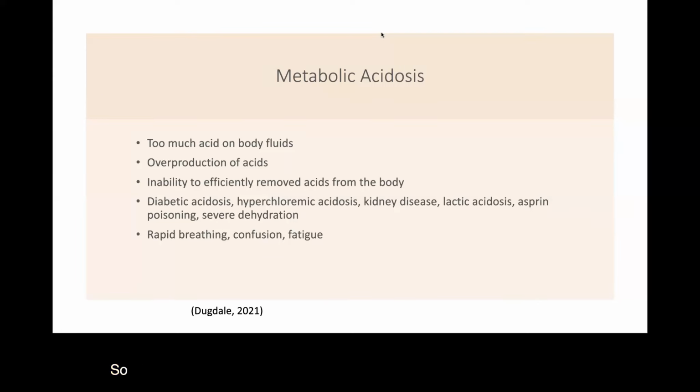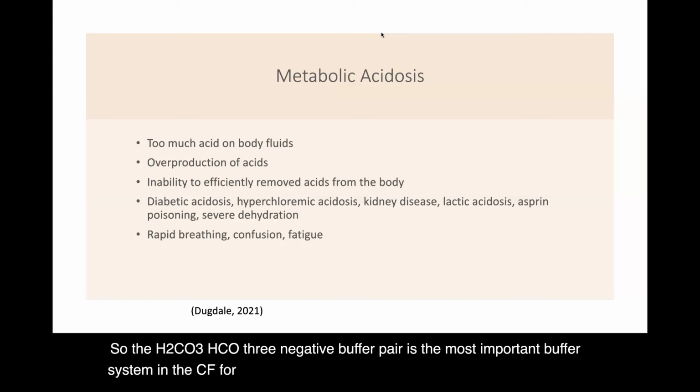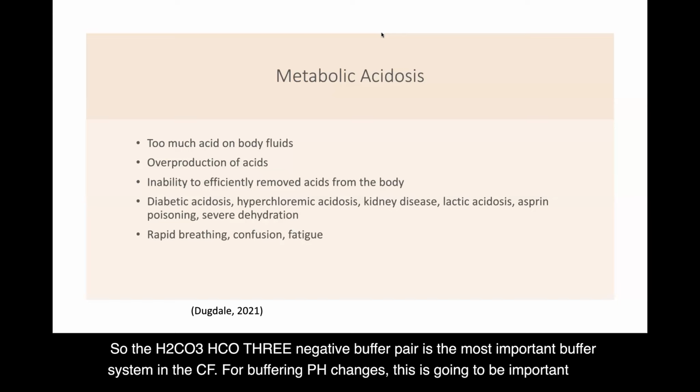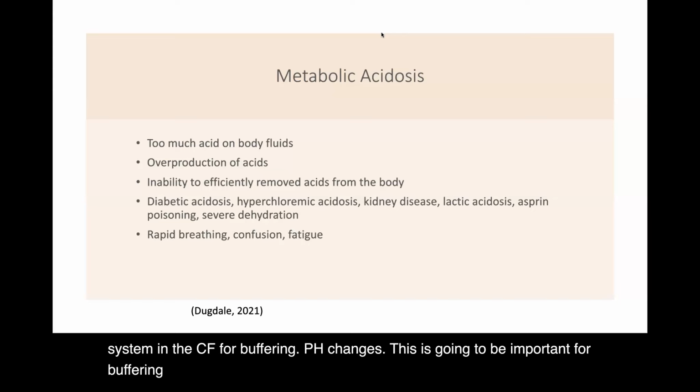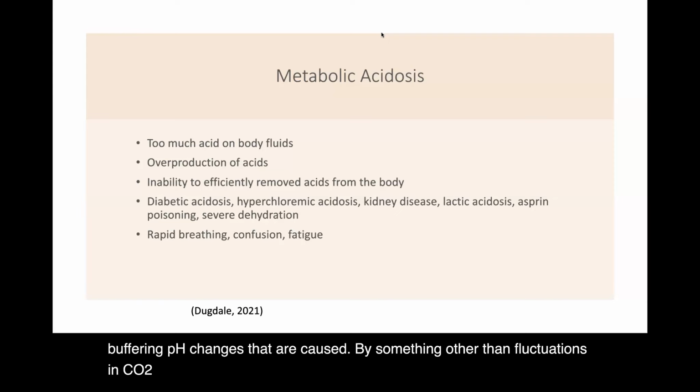So the H2CO3, HCO3 negative buffer pair is the most important buffer system in the ECF for buffering pH changes. This is going to be important for buffering pH changes that are caused by something other than fluctuations in CO2 that is generated by H2CO3.